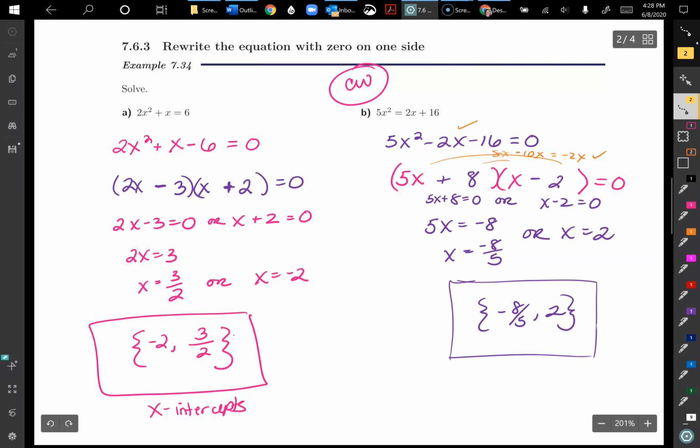And then for the lasts, I tried 4 and 4 and that just wasn't working for me. So I looked at an 8 and a 2 here, because then I would have a negative 10x plus 8x, and that gives me the negative 2x I need for that middle term. So then I set each factor equal to 0 and I get x equals negative 8/5 or x equals 2. All right.